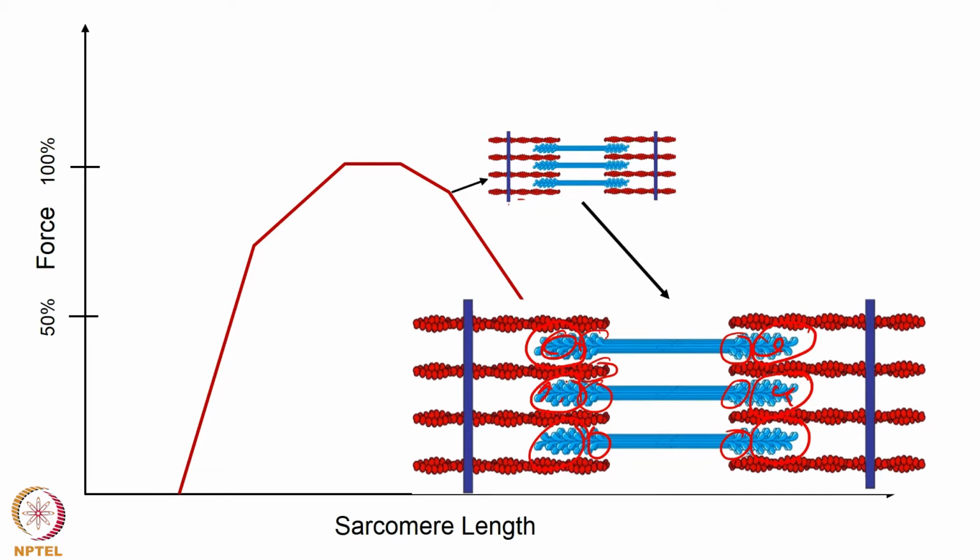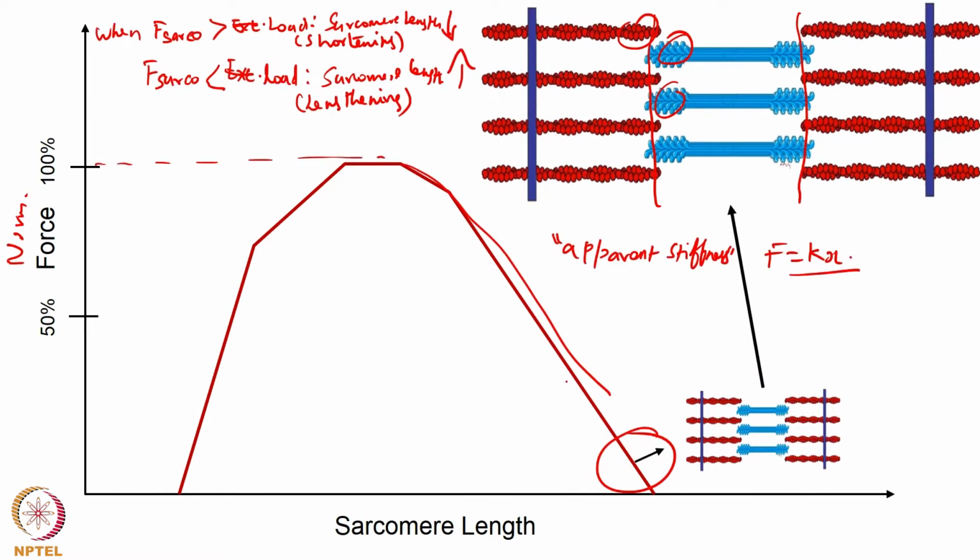There are a bunch of steps in the cross bridge cycle or in the sliding filament theory that will have to be repeated. The rate at which the cross bridges can be formed limits the rate at which the muscle can contract, right.